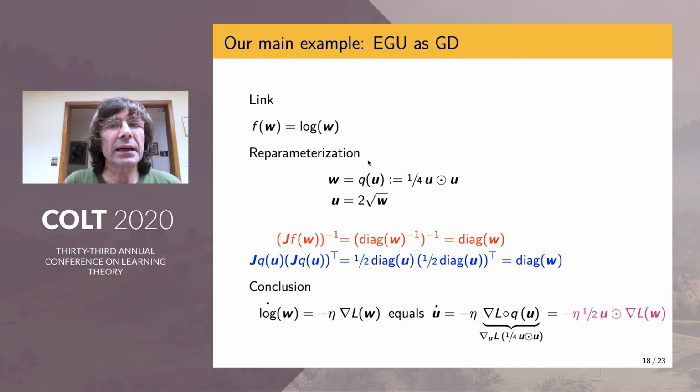Now you check the derivatives, very simple. And what happens is this shows that log W equals U, U dot equals minus the gradient with respect to the composite loss, which is the original gradient component-wise multiplied by the U_i. Okay.